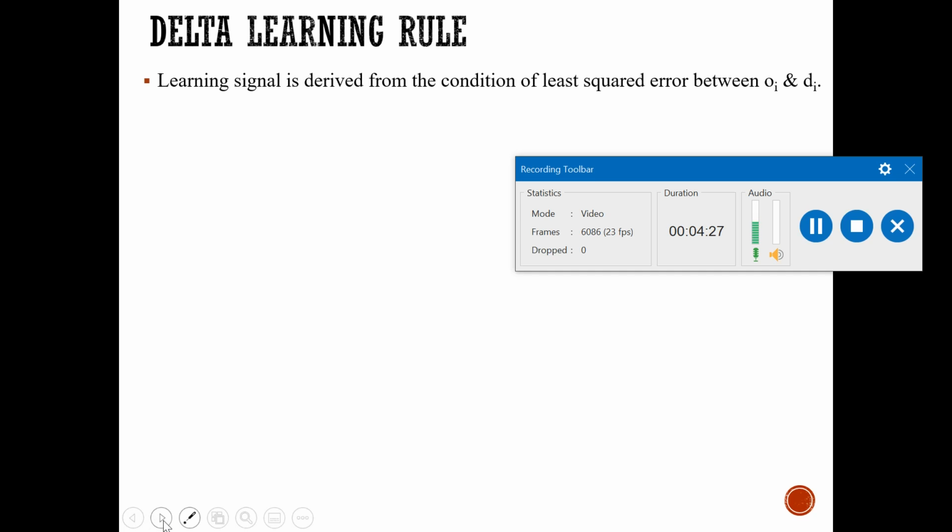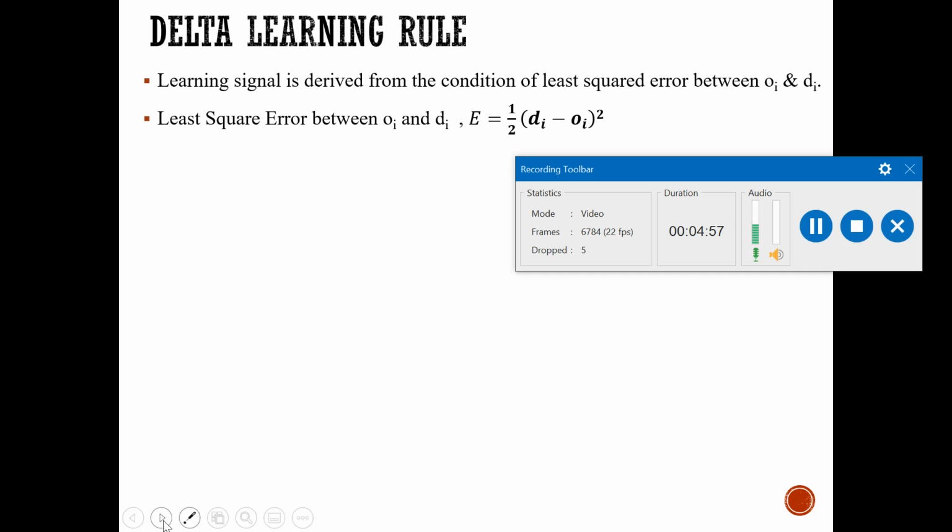So how will you get the least squared error? The least squared error is given by this particular equation. You take di minus oi the whole square and you divide it by 2. That is the equation for the least square error, because you take the square of the error.